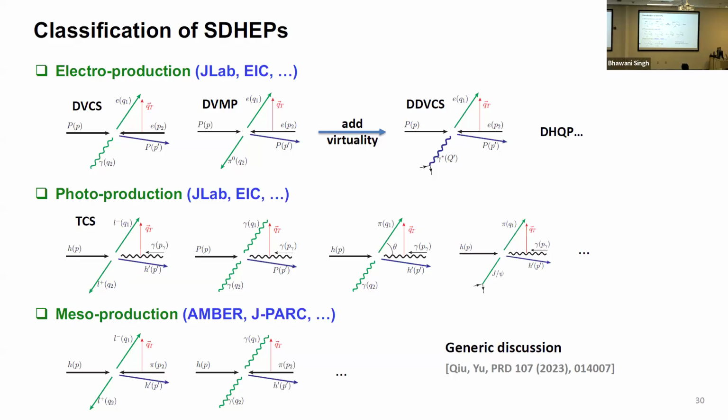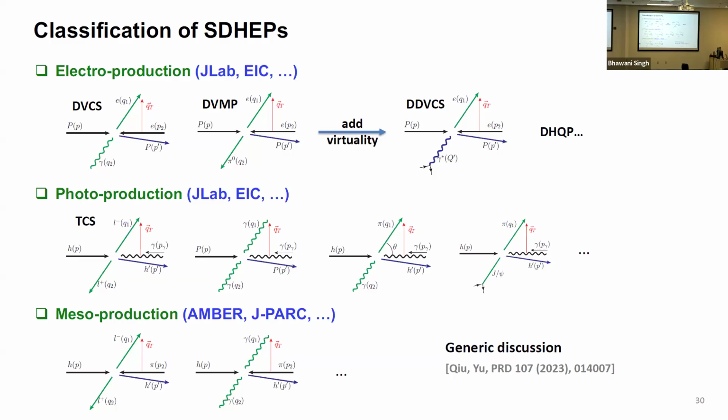And the last type is a meson beam, such as a charged pion beam. This can be created at facilities called AMBER and J-PARC. AMBER is, I believe, at CERN, and J-PARC is in Japan. This pion beam is created as a secondary beam by first hitting a proton on a target to create some hadrons, and then you select and accelerate these pions to make pion beams.